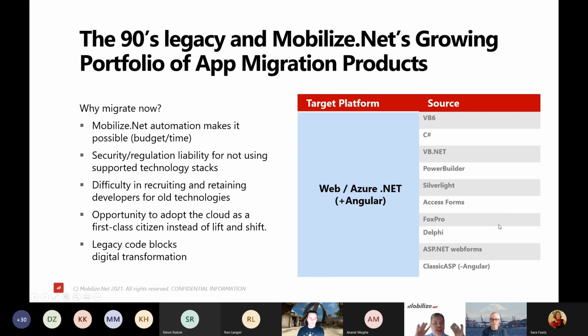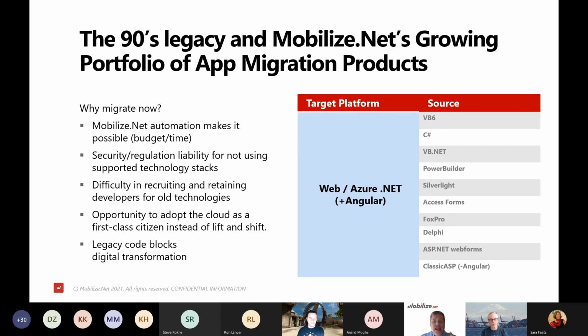And our general target platform is what we call a web solution. We want to take these desktop-architected applications and move them to the cloud. As Anand was saying at the beginning, you could do lift and shift, which is essentially no code changes.